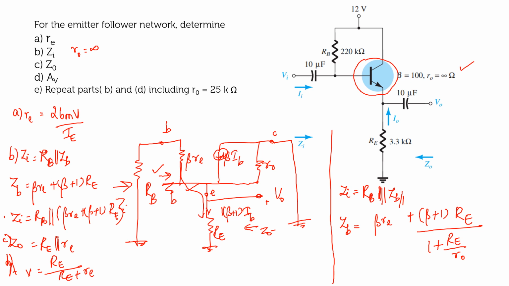Now Z0, there is no change in Z0. For any value of R0, your Z0 value is Re parallel to small re, but there is a change in AV. AV will be equal to beta plus 1 into Re divided by ZB, divided by 1 plus Re divided by R0. So these are the formulas which you have to apply. Moving on to the next part, we can start solving our problem.